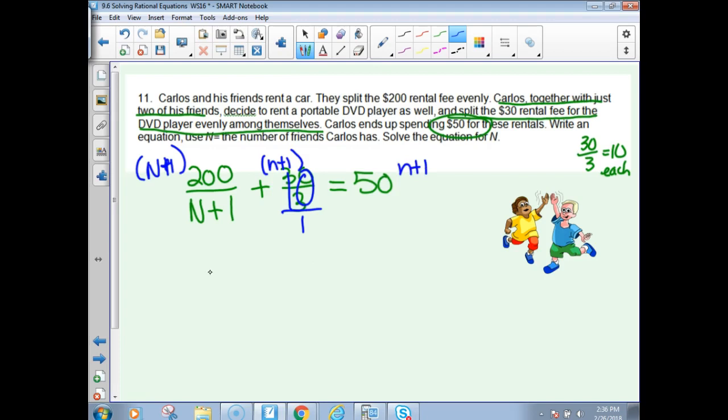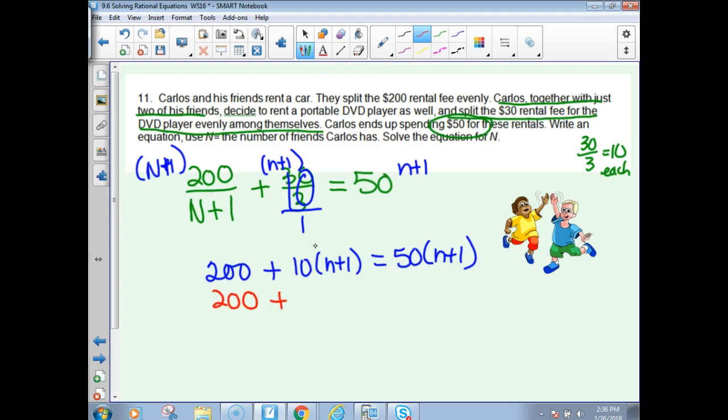So the n plus 1 cancels. We get 200 plus 10 times n plus 1 equals 50 times n plus 1. And don't forget to distribute. Let's go see how many friends Carlos has. We're going to distribute: 50n plus 50, and 210 plus 10n.